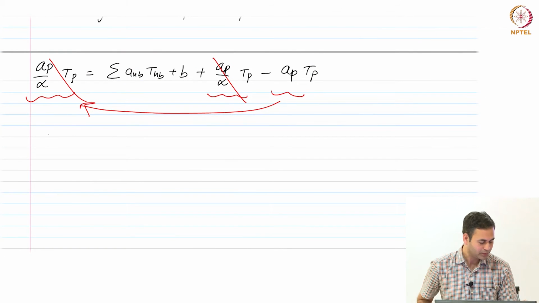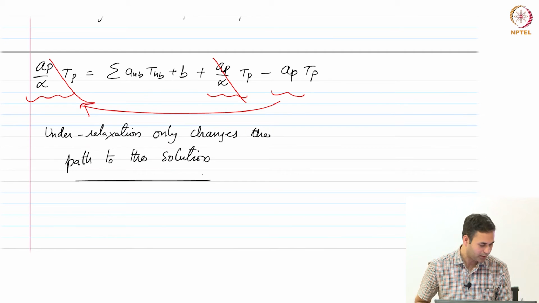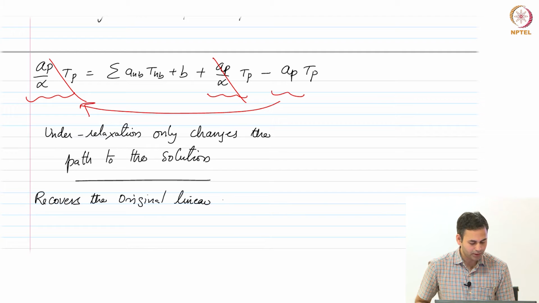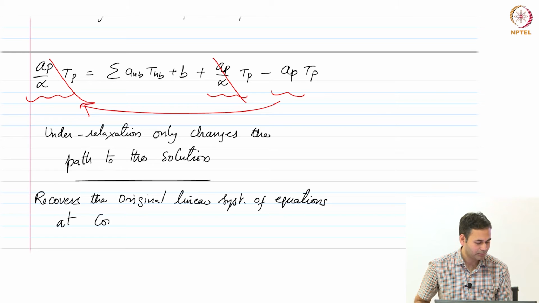So, under relaxation only changes the path to the solution, and it recovers the original linear system of equations at convergence.